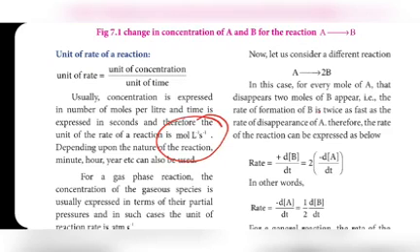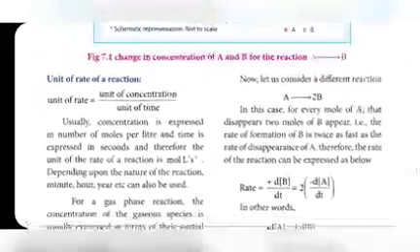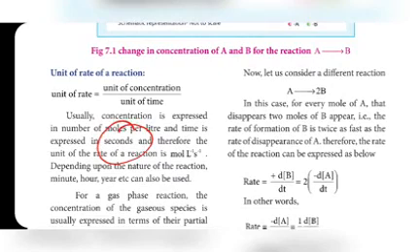Concentration is expressed in number of moles per liter, and the unit of time is seconds. Therefore the unit of rate of the reaction is moles per liter per second.